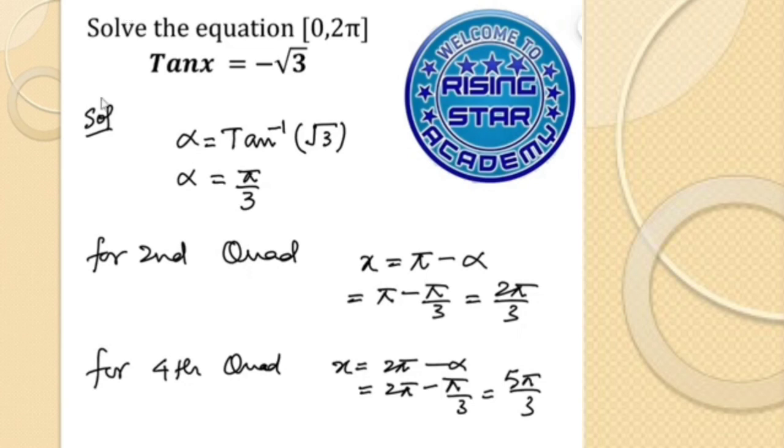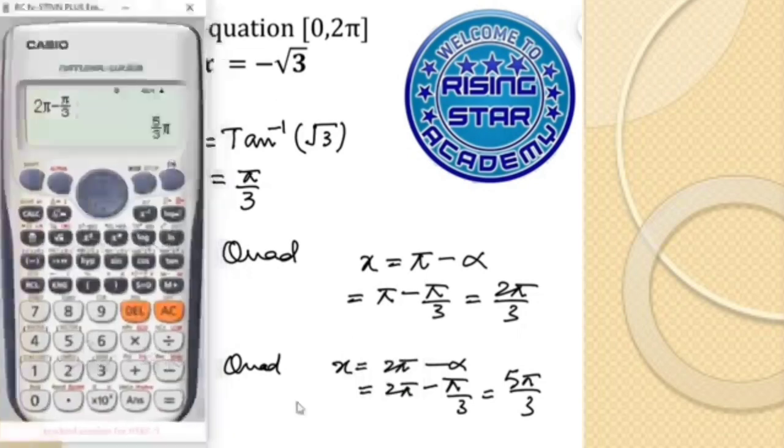Now I will verify by the calculator. The answer should be negative square root of 3. So I will take tan of 2 pi over 3. The answer is negative square root of 3. That's verified.